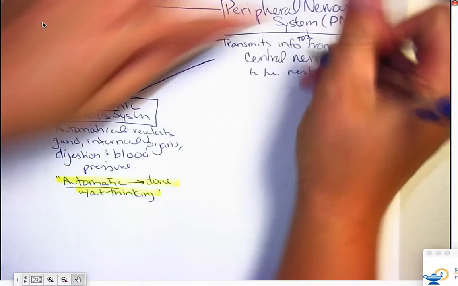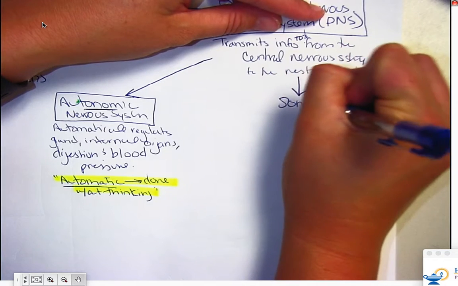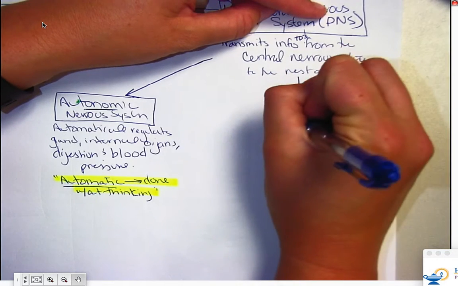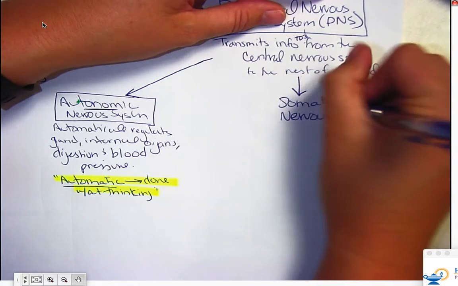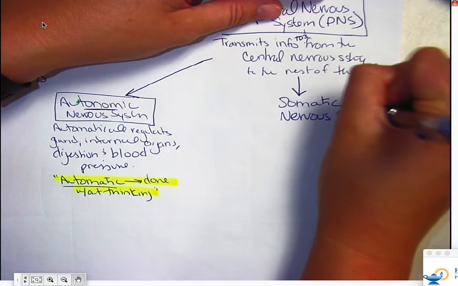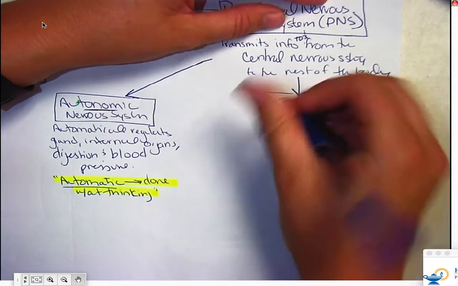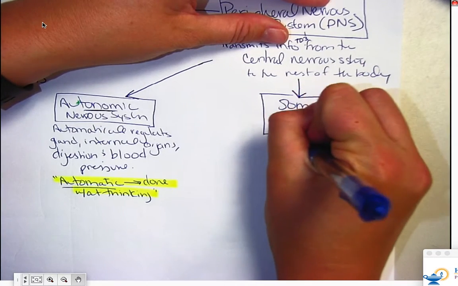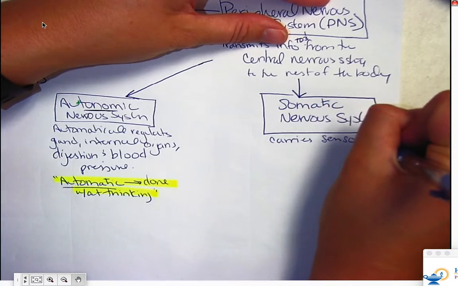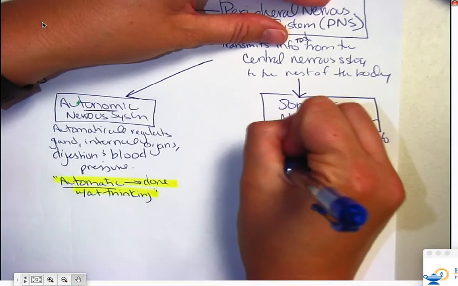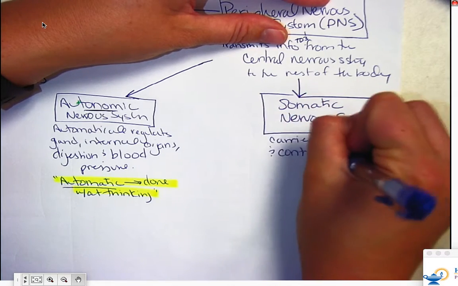Your other major system is your somatic system. The somatic nervous system also falls under your peripheral. This carries sensory information and controls the movement of muscles.